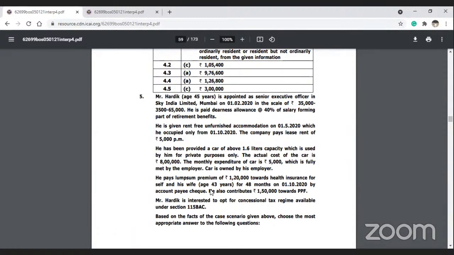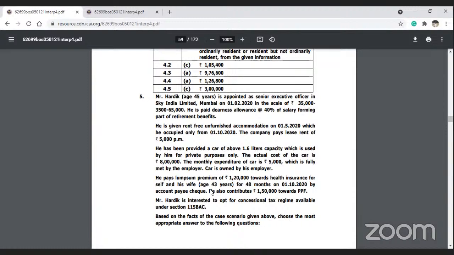Then we'll take only for 6 months, right? Yes, 6 months. What is the answer? 24,000. Still, how will 24,000 come?